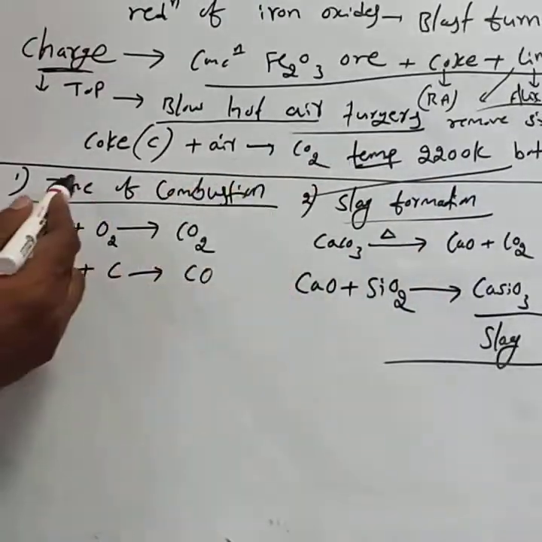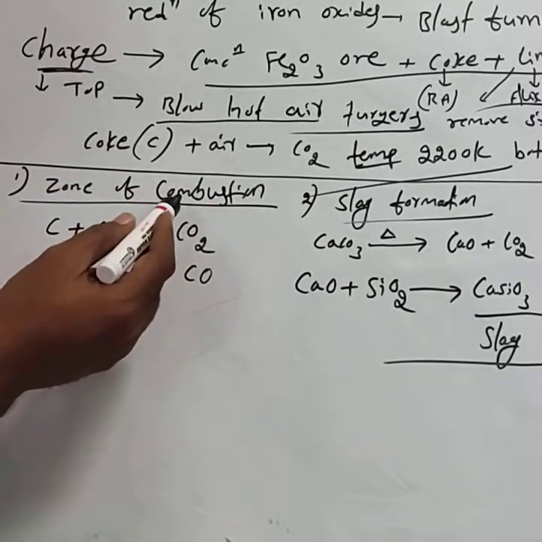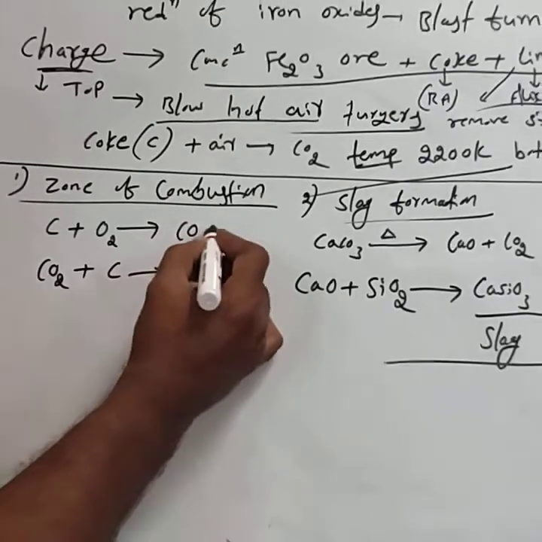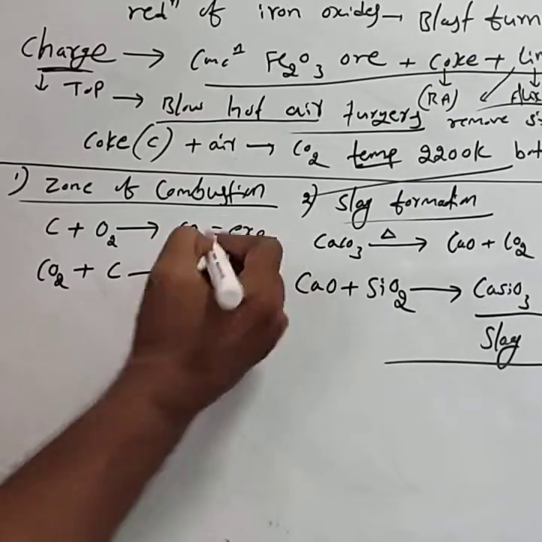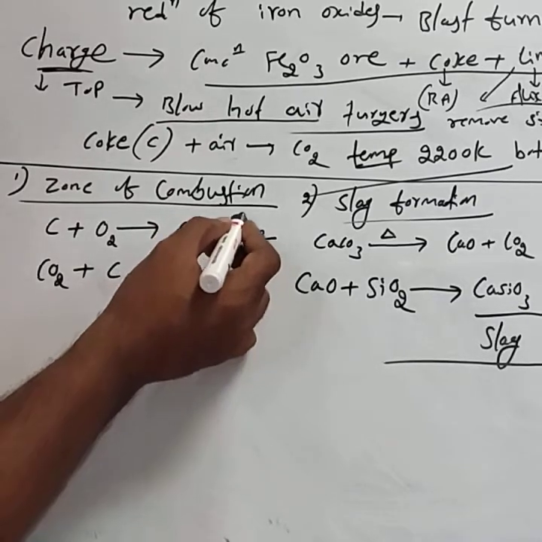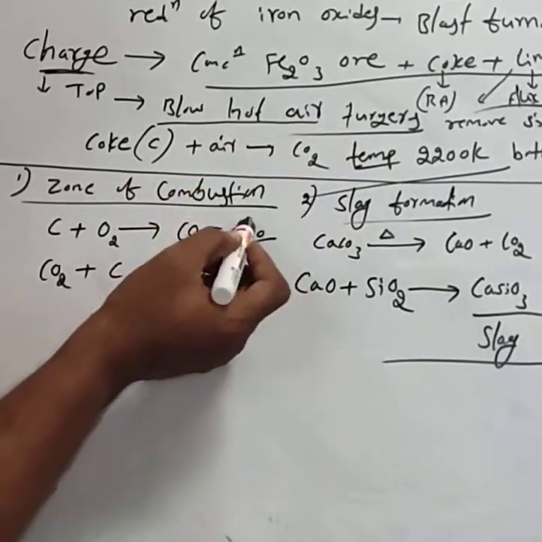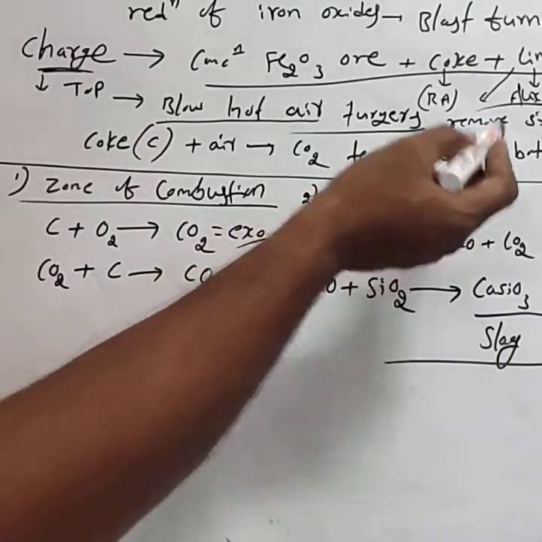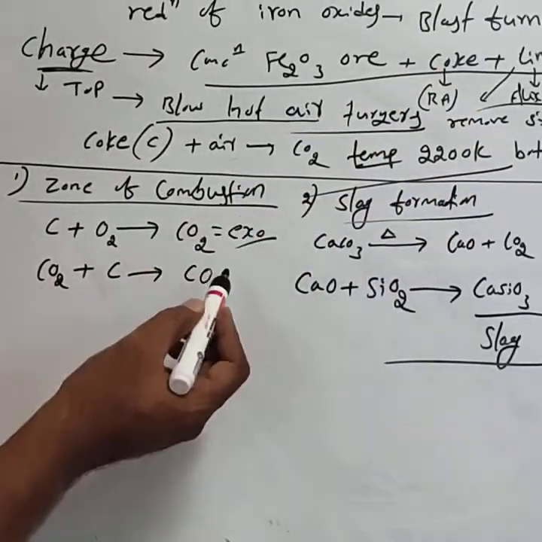One more point. In the combustion zone, the formation of CO2 is exothermic in nature, so heat is liberated. Hence, at the lower portions of the furnace, the 2200 Kelvin temperature is maintained.